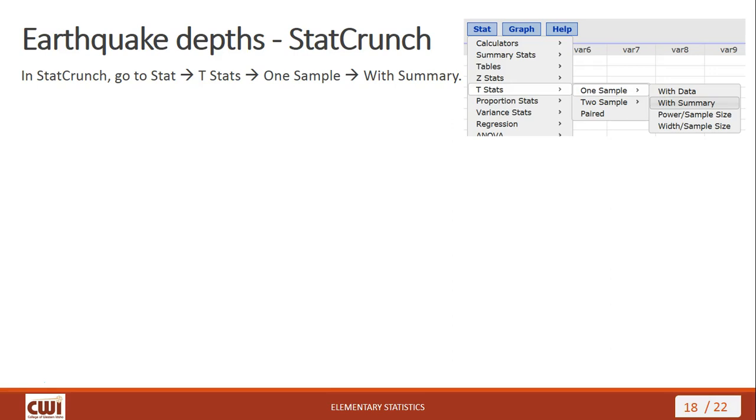Inside StatCrunch, you want to go to Stat and then T-Stats, one sample with summary. This is the option that we're going to be using for actually calculating the confidence interval itself.